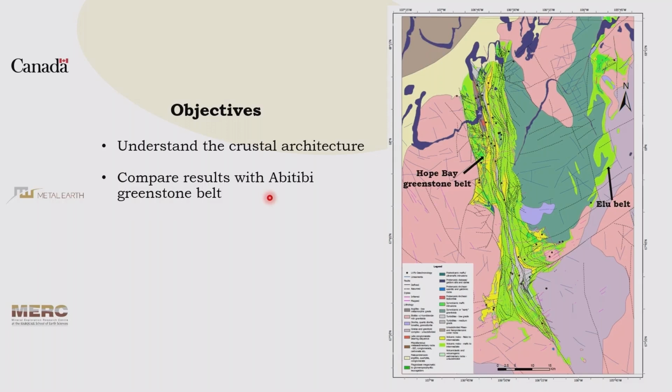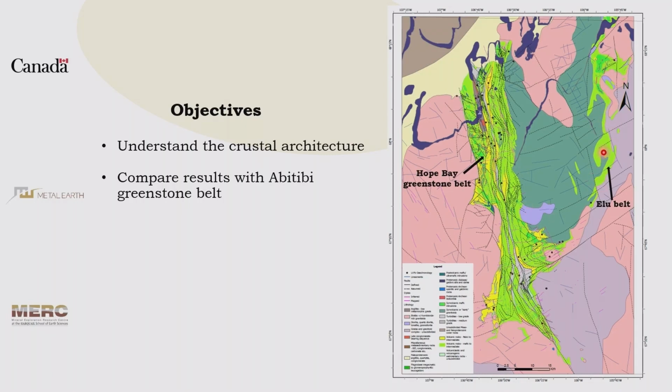So I'll just simply introduce you to the MT data. This is the Hope Bay Greenstone belt right here, and this adjacent belt is the Ilu belt.